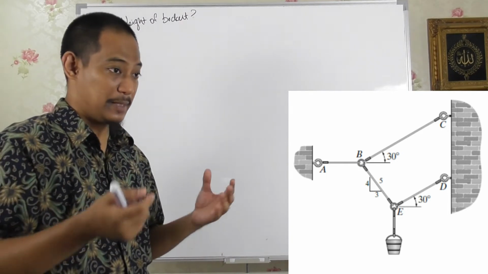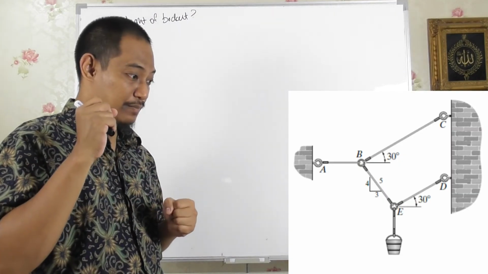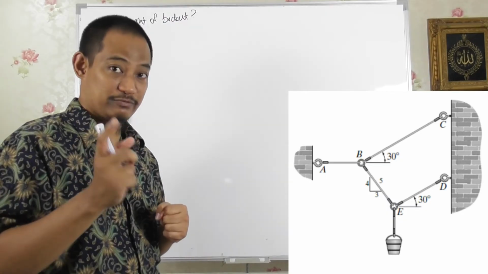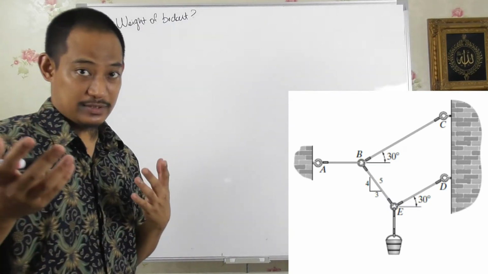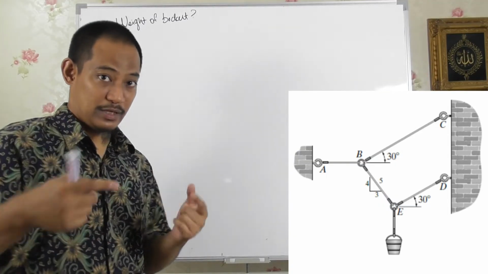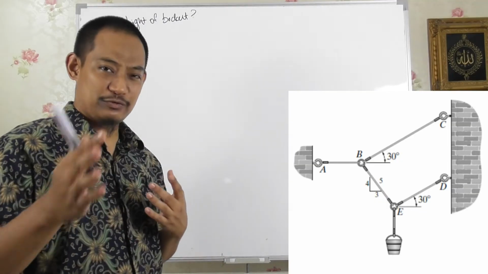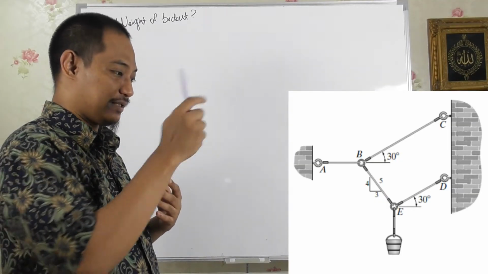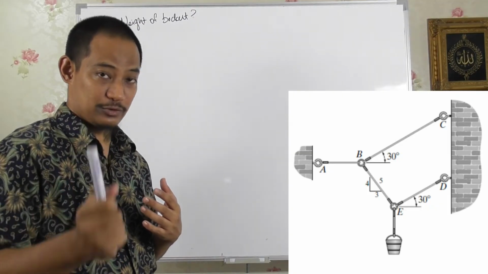I think you can understand. But the condition is no single wire is exceeding 0.5 kN. So what does that mean? Okay, think, pause, and then continue. I expect you already thought about it. So did any of you think that every single wire is 0.5? If you think like that, that's wrong.